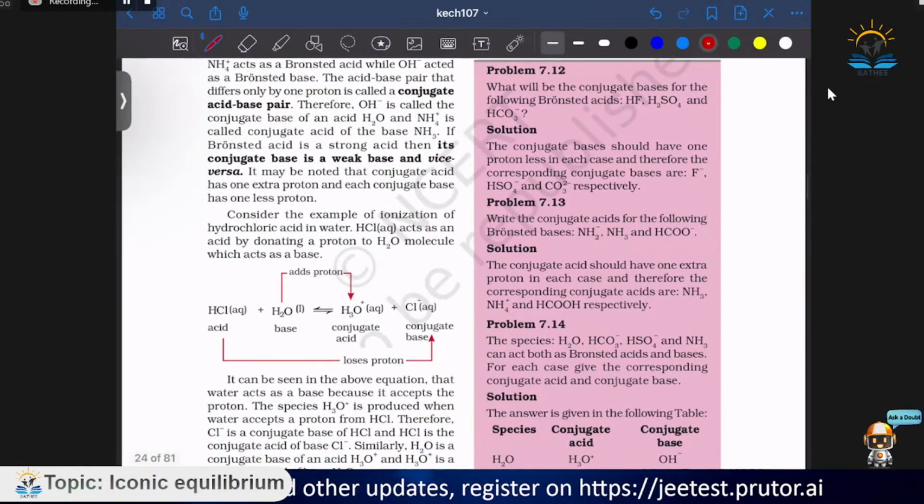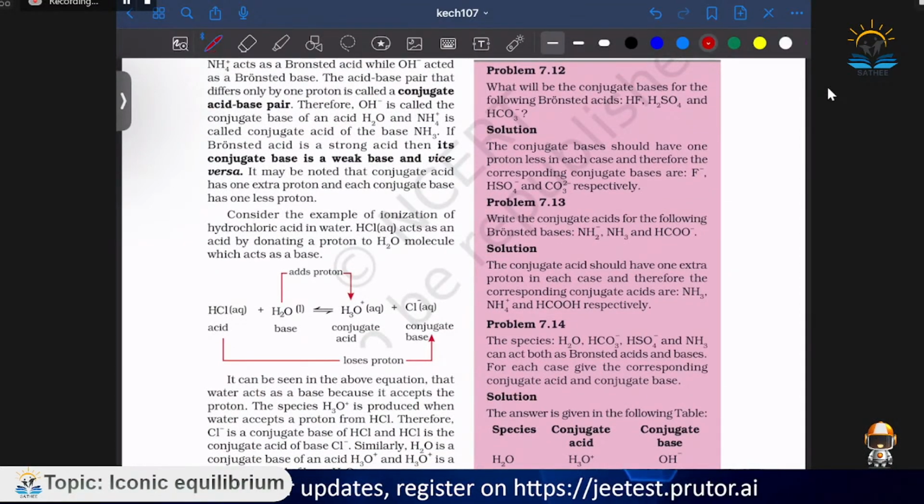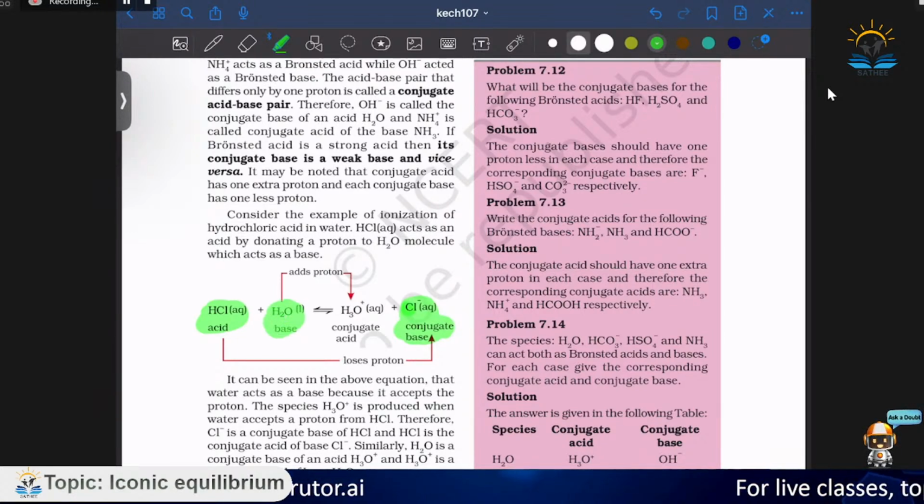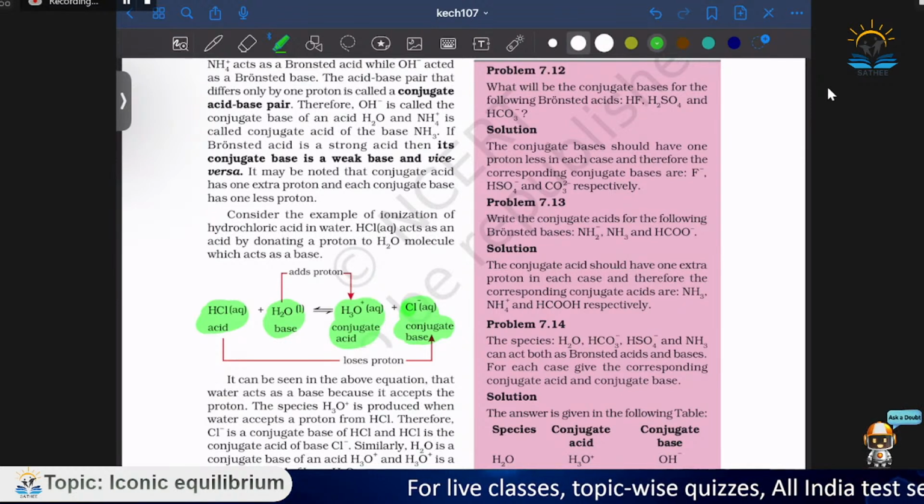Again, one more example with ionization of hydrochloric acid. See, the conjugate base of HCl, which is behaving as the acid, is chloride ion, the conjugate base. But H2O, which is acting as the base here, its conjugate ion is acting as a conjugate acid. Okay, so acids will always have a conjugate base, bases will have a conjugate acid.